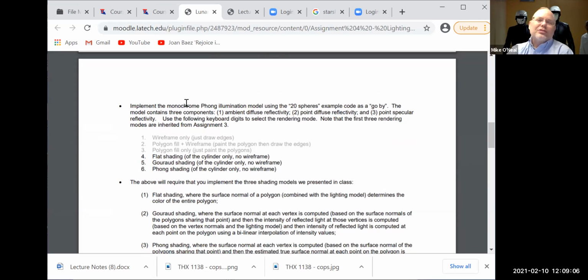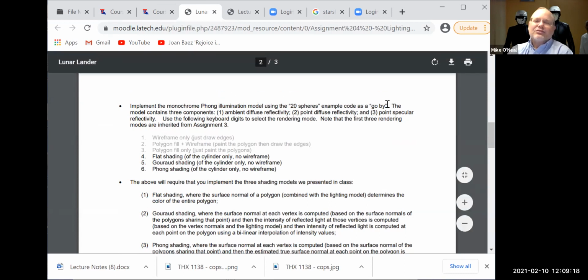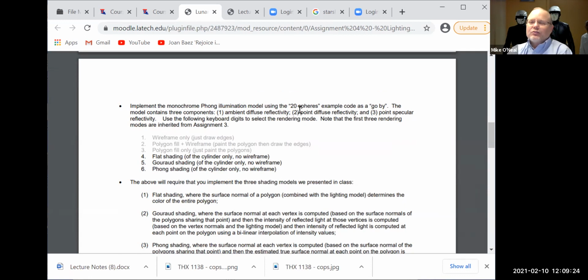You should use the monochrome Phong illumination model that was presented in the 20 spheres example code as a go-by. So this sentence is screwed up. But I'm basically saying, hey, I've given you the Phong illumination model in the 20 spheres example, and there's a lot of good stuff there because you're going to need that illumination model.